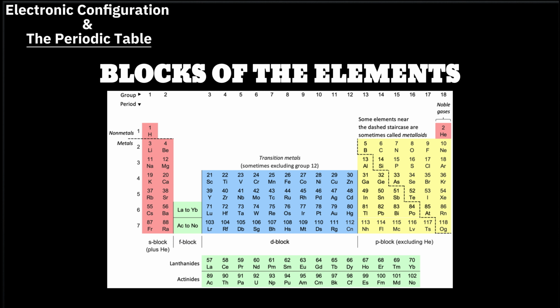Their valence electrons are in the p orbital. We have D block elements, popularly known as transition elements. The electrons fill up in the d orbital. We have the F block elements, popularly known as the inner transition elements, the lanthanides and actinides. The electrons fill in the f orbital.